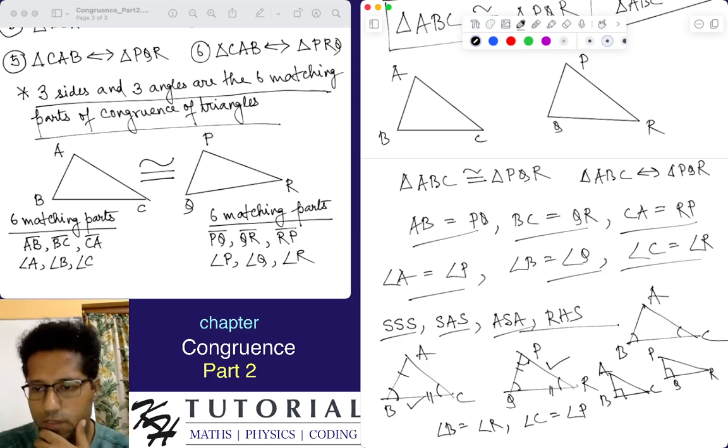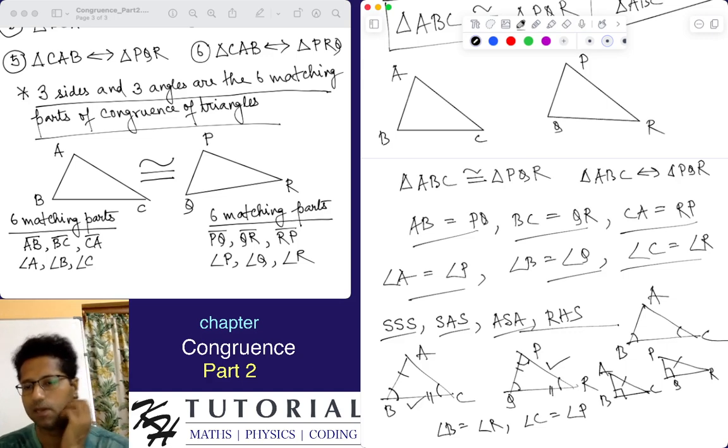We know that one angle is definitely common, that is 90 degrees. If the hypotenuse is the same, if AC is equal to PR in the two right angle triangles, then you need to check if any arm is equal to the corresponding arm, if any one of the corresponding arms of the two triangles is equal or not.